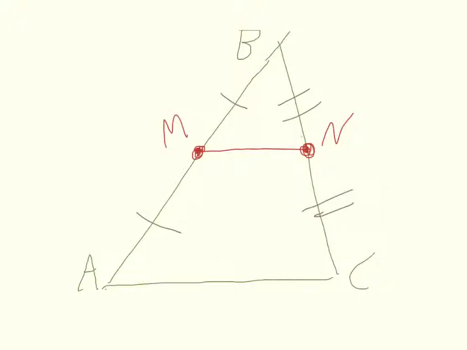So the definition of similar triangles states that corresponding angles must be congruent and all the sides must share the same proportion or ratio.